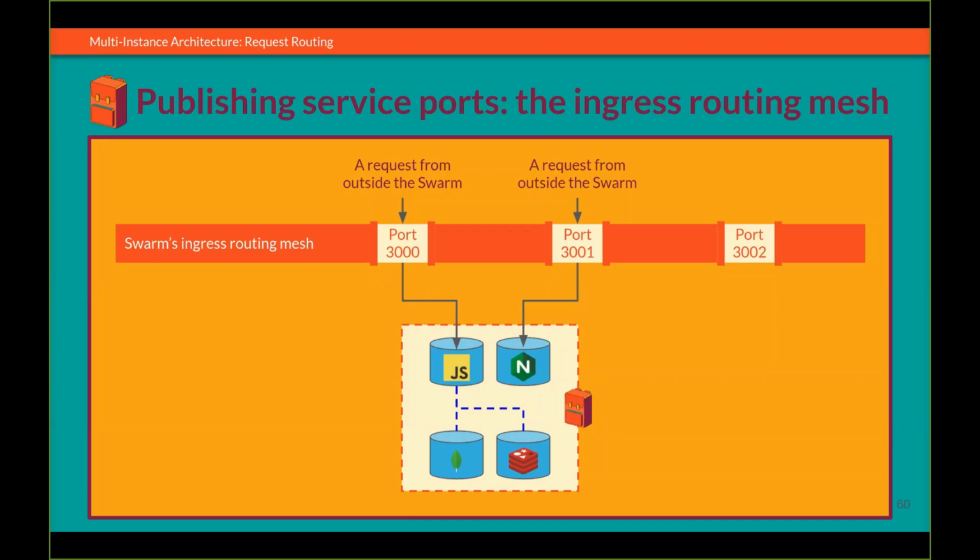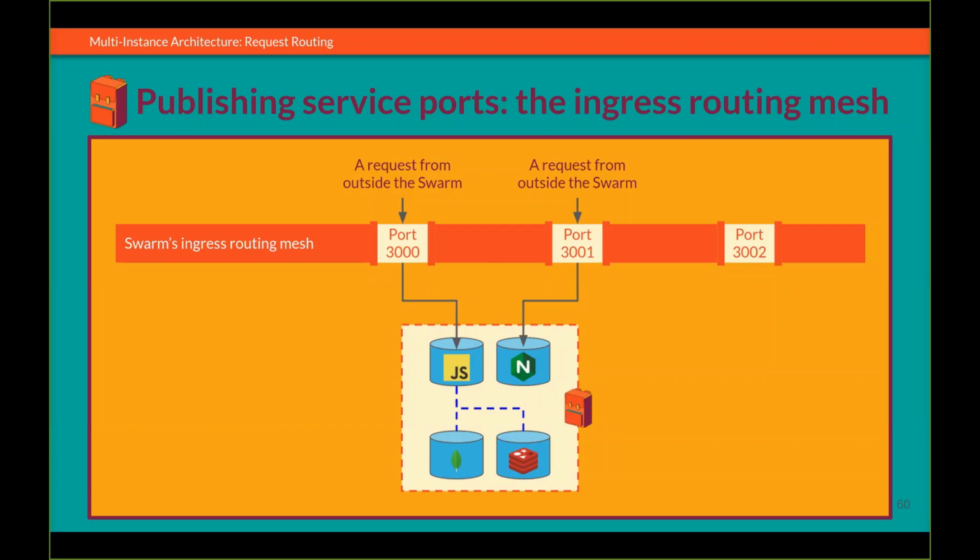Instead, we'll expose just one big network on top of the entire swarm. When you publish a port, when you say that this service should listen to requests from port 3000, that publishing is going to happen into this network and not individual machines. That additional network that lives on top of this whole system is called the ingress routing mesh.